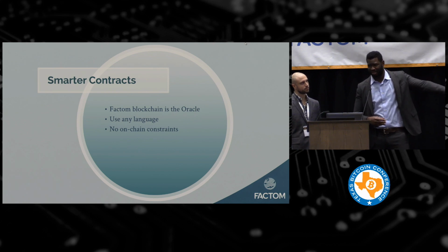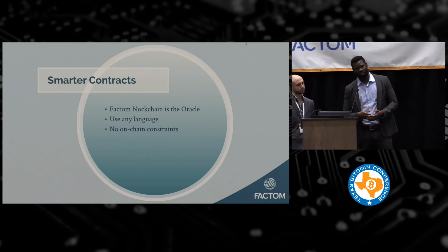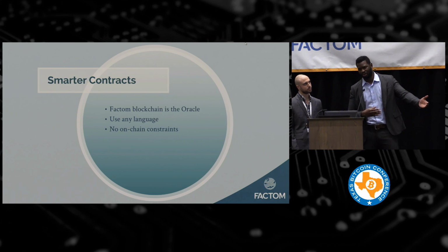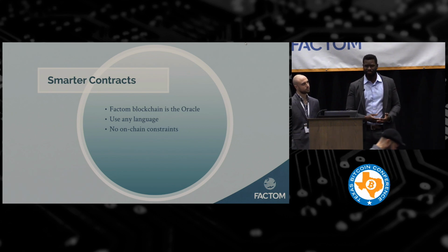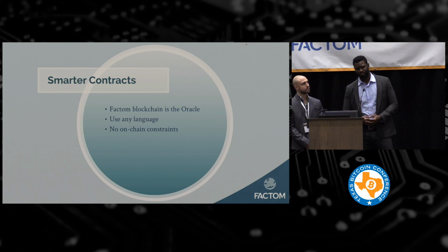That token also can't necessarily see stock prices change. So you can't do a contract that says, hey, if you want to make a limit order on a smart contract, you can't really do that on the Ethereum blockchain because it can't actually see the stock market, right? Factom solves that problem by having a built-in oracle that can do this seeing and writing with the outside world.